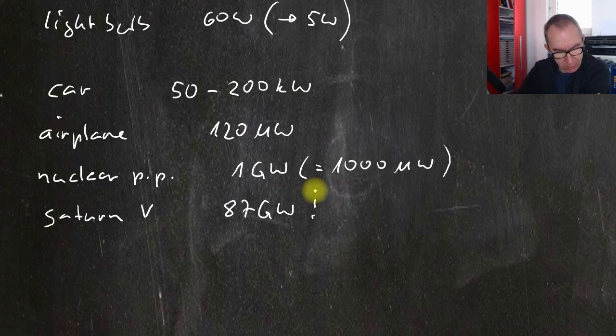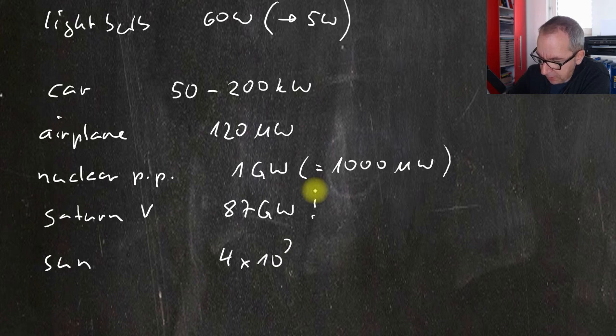So that's quite something, and they have burned 14 tons of fuel every second to reach that, so that's really quite impressive. And of course, much more power, our sun, which has a value of 4 times 10 to the power of 26 watts.